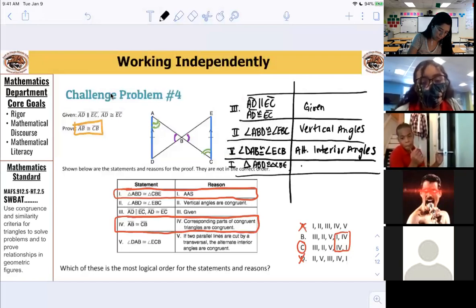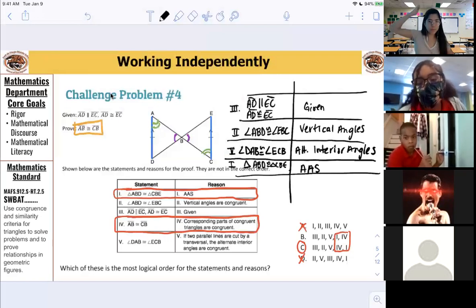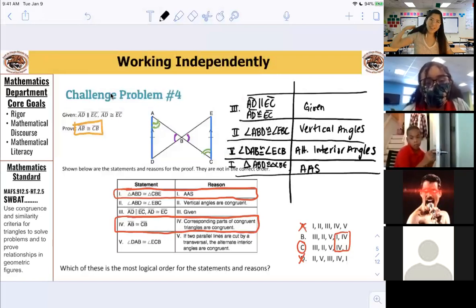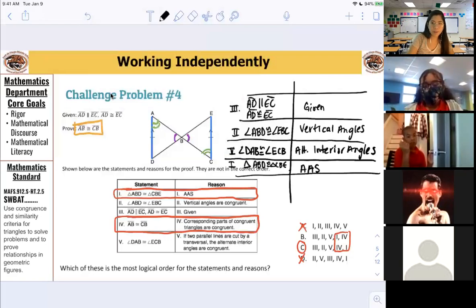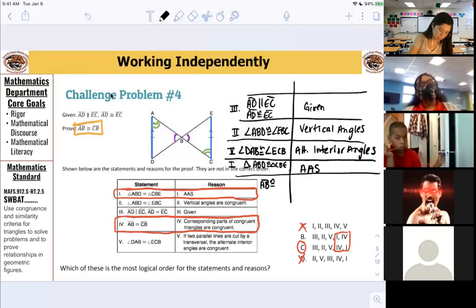If you chose B for that one, congrats. Good job. Yeah, so 1 has to come next because you have to prove that the triangles are congruent first, and then once you know the triangles are congruent, you can tell me that the line segments are congruent using CPCTC.